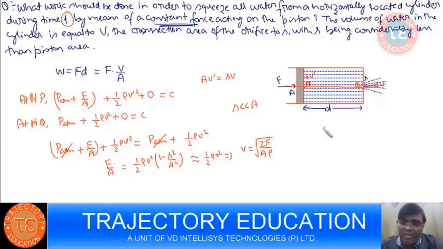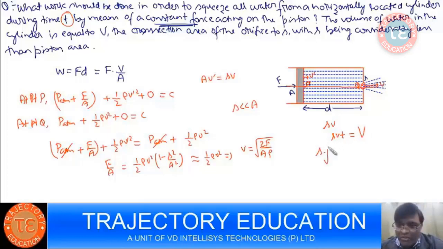The water coming out per second is small s into V. So water coming out in t seconds should be the whole volume of the water, because in time t we have to empty the whole vessel.